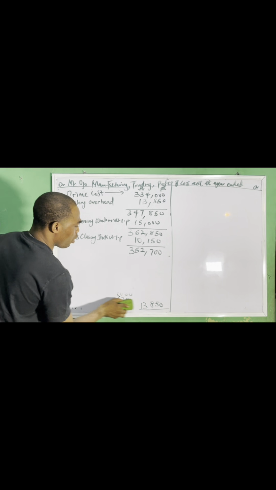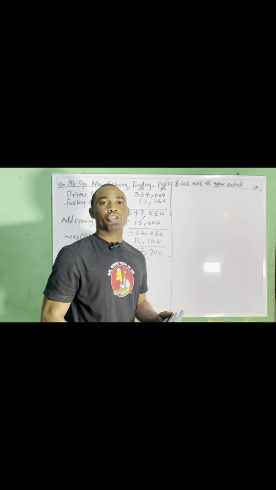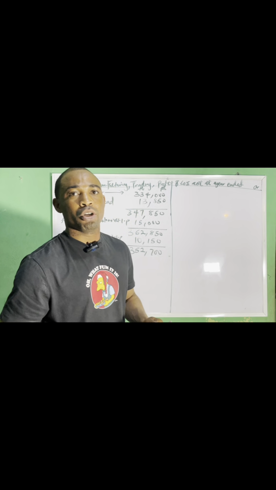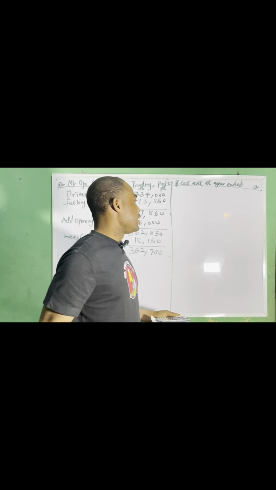So our aim here is to get our cost of production. Once we arrive at cost of production, we know that the goods is readily available.